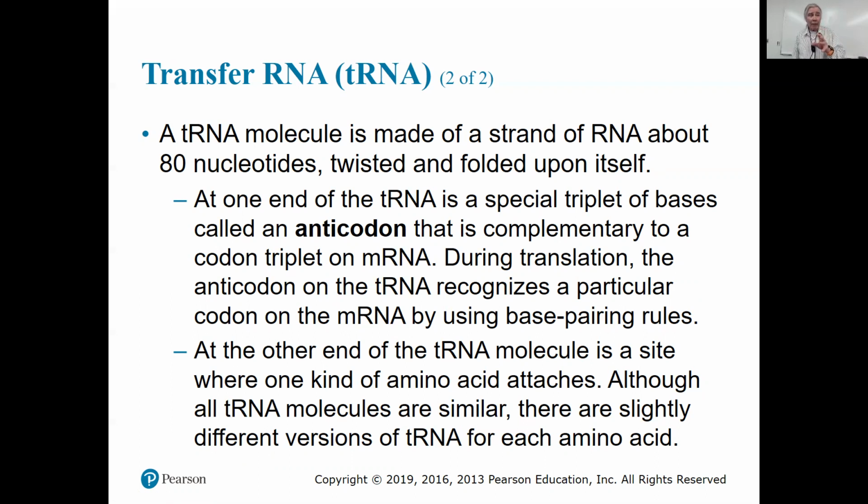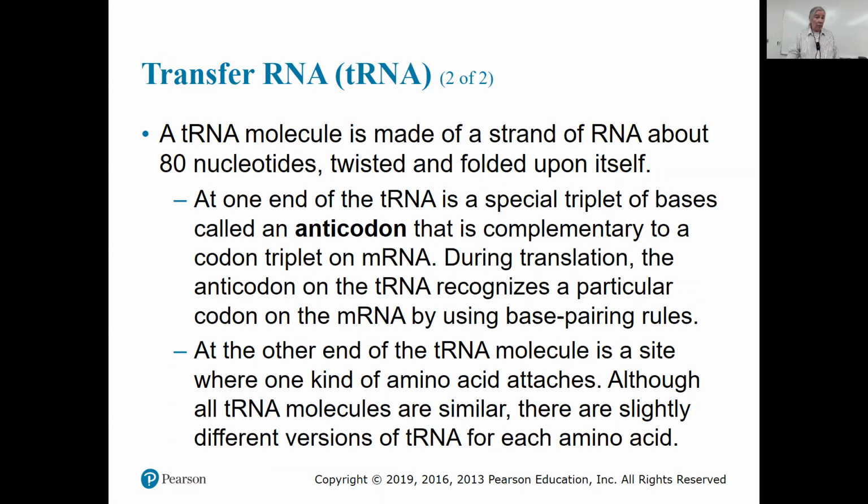So you have to have a tRNA for every amino acid, and every codon that codes for an amino acid has to have an anticodon on a tRNA that attaches to it. Like UCA is serine, so is UCC, so is UCG. So you have to have a tRNA for every single codon that is found in the genetic code.